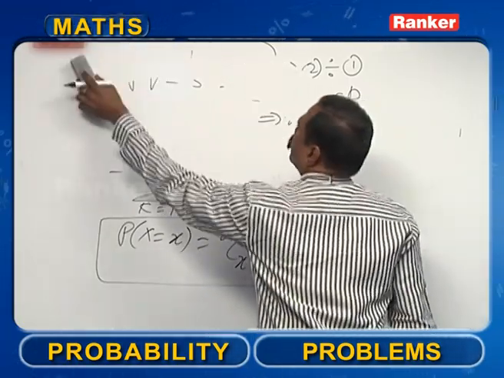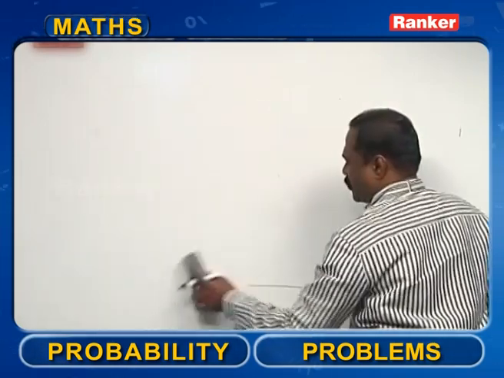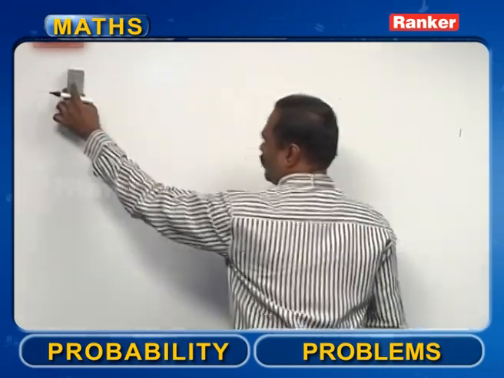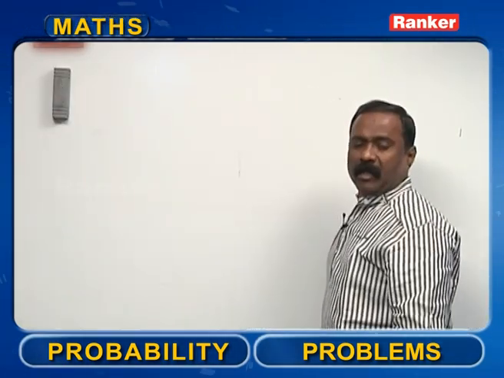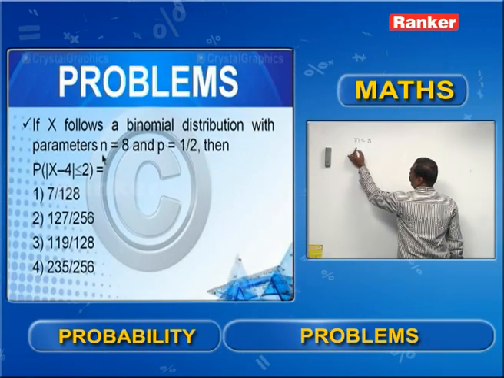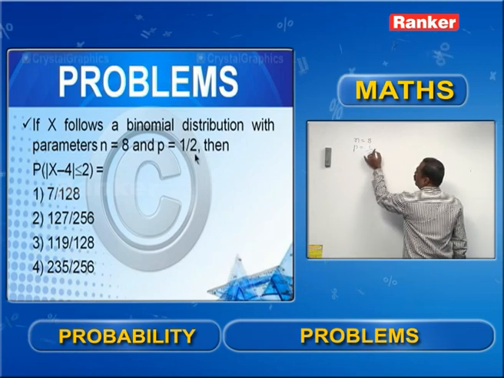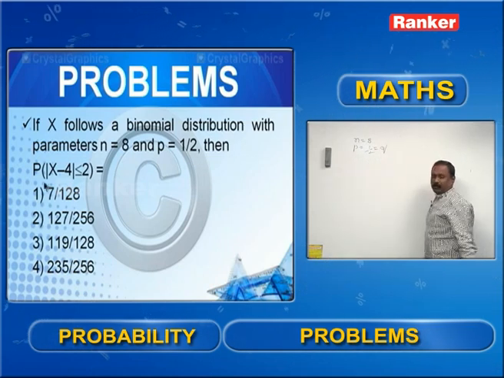N is clearly given. There is nothing great in this problem except that modulus is to be properly used. N is given to be 8 and P is given to be what? It's 1 by 2. Obviously Q is also 1 by 2.